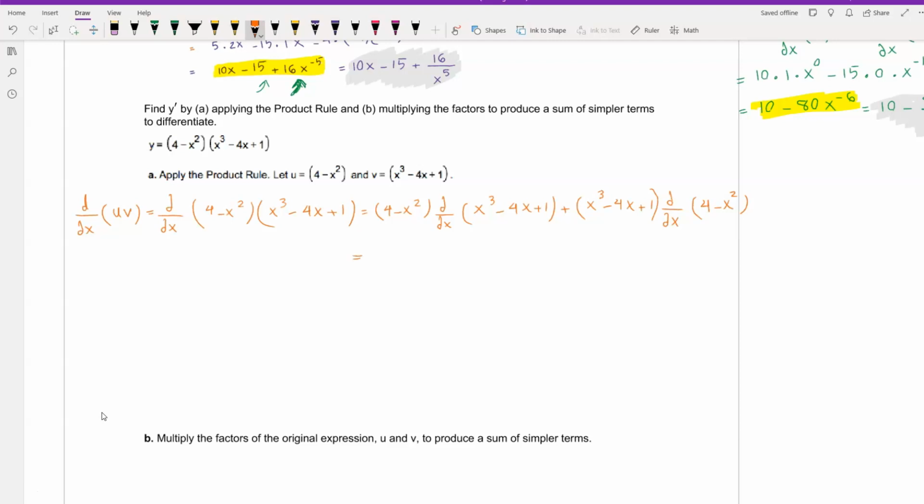So this is equal to 4 minus x squared times derivative of x cubed minus 4x plus 1, that is 3x squared minus 4 plus x cubed minus 4x plus 1 times derivative of 4 minus x squared, so that is negative 2 times x.